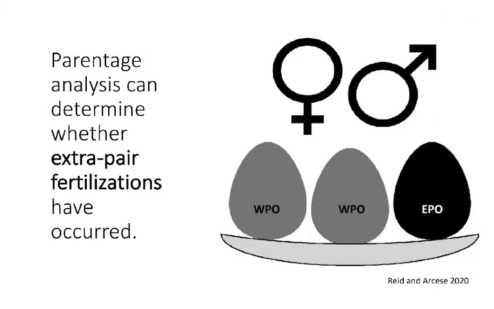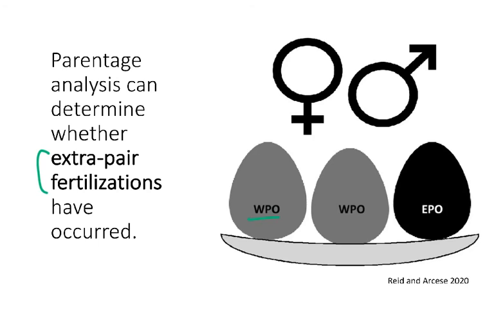And as I've talked about a little bit already in this particular video, oftentimes when we're doing these types of parentage analyses, what we're trying to do is determine whether extra pair fertilizations have occurred. That would mean there's a mismatch between our social mating system and our genetic mating system. So in this schematic, say we have a nest here with different eggs.